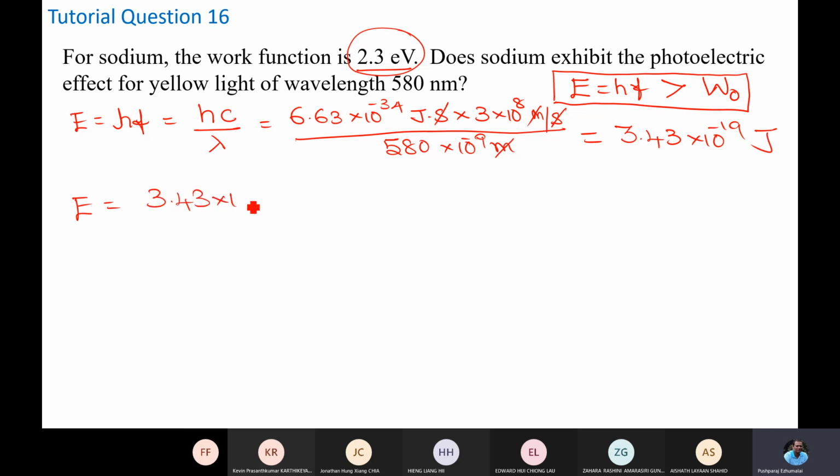So 3.43 × 10^-19 joule × 1 electron volt divided by 1.6 × 10^-19 joule. So joules get cancelled.